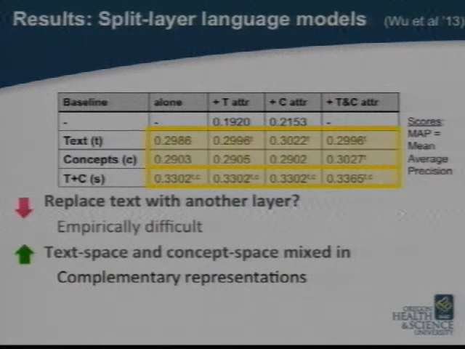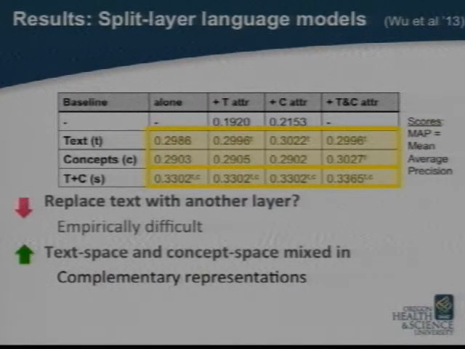So what we find is basically that at least the text space and this concept space, these are complementary representations, right? So they have different kinds of semantics or different amounts of semantics that are perhaps overlapping but are complementary to each other. Okay, so these are split layer language models.